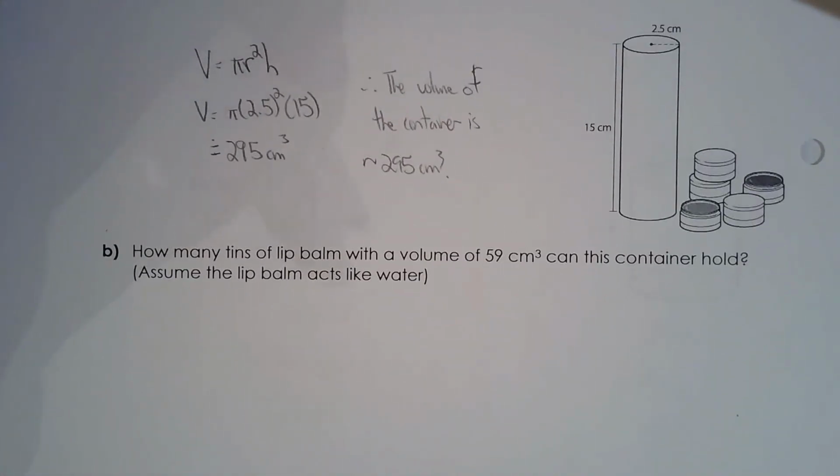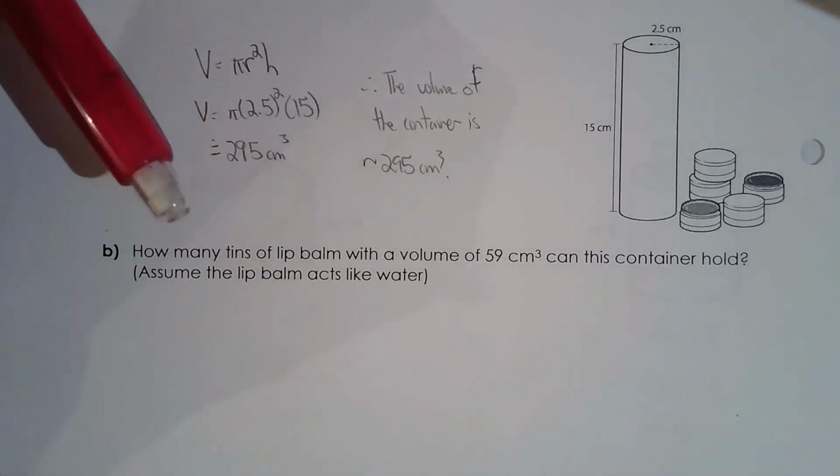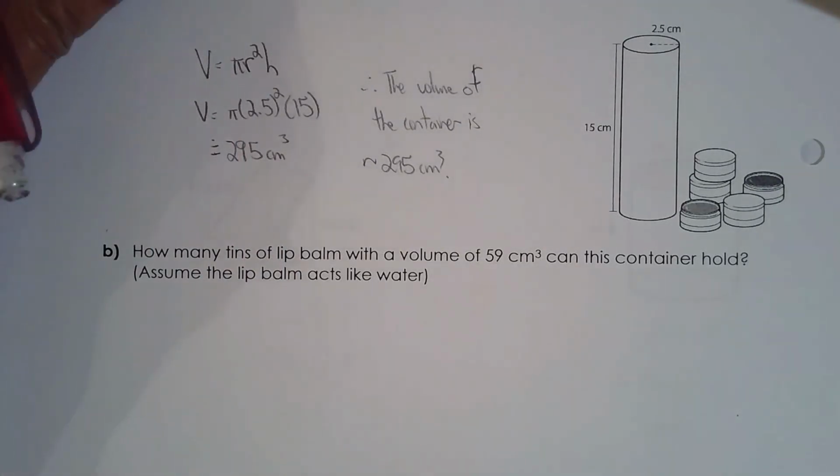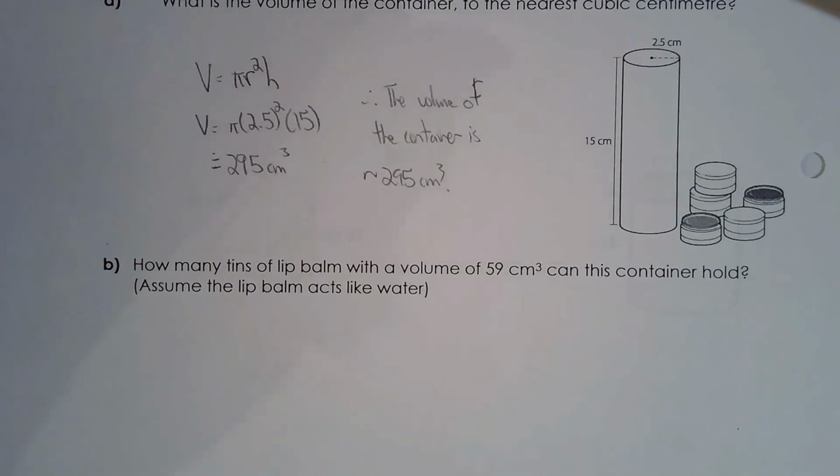How many lip balms with a volume of 59 cubic centimeters can this container hold? Assume the lip balm acts like water. That's a big assumption, because we're assuming that there's no empty space whatsoever, which is not realistic, but we're going to make that assumption to make the math a little simpler.